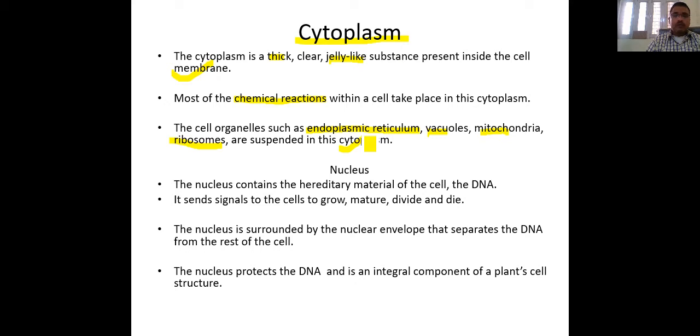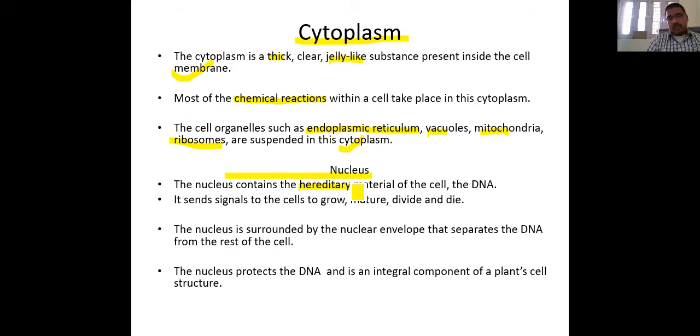This is the cytoplasm. The other cell organelle is the nucleus. The nucleus contains the hereditary material of the cell. The nucleus is basically about heredity. That means it carries the DNA and RNA for reproduction, which is transferred from the parent's body to the next generations.